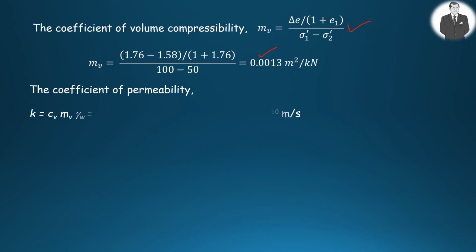The coefficient of permeability can then be obtained based on the coefficient of consolidation, the coefficient of volume compressibility, and the unit weight of water as illustrated. The coefficient of permeability is equal to 8.9 times 10 to the power of minus 10 meter per second.